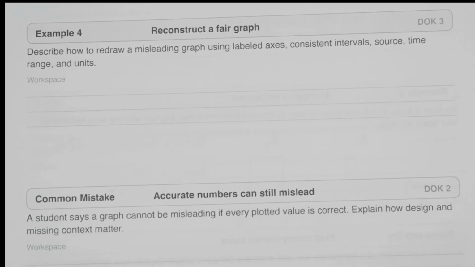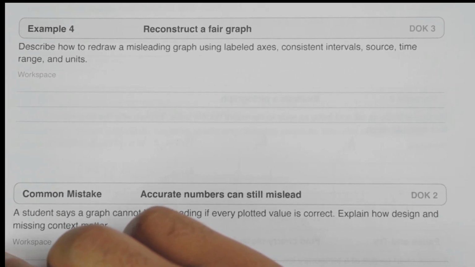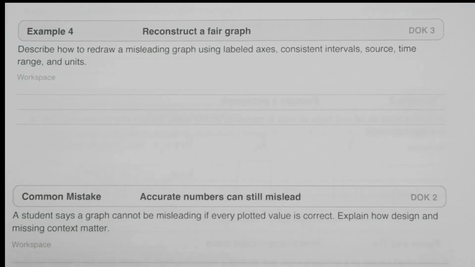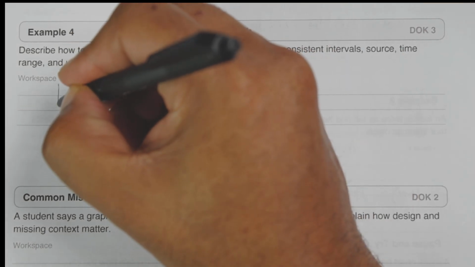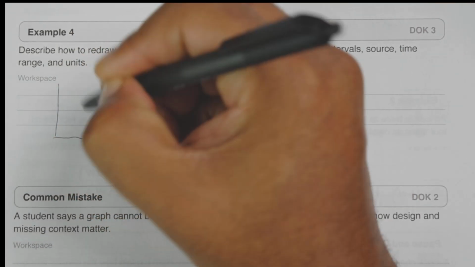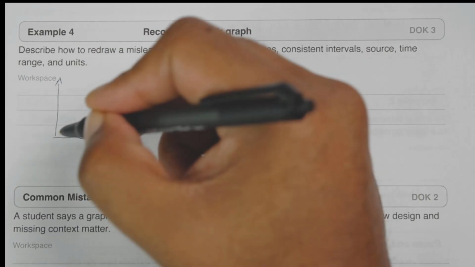Construct a fair graph. Suppose you're given a graph that appears misleading. How should you improve it? First off, clearly label both axes. So for example, if you have a graph, what I mean by axis is like this, you have this and you have this.